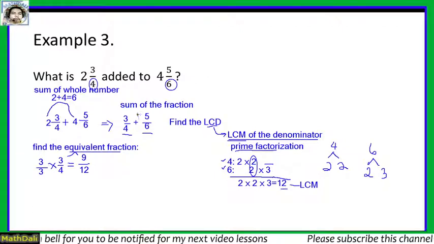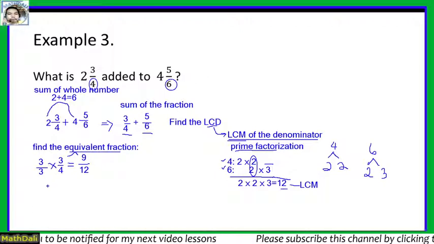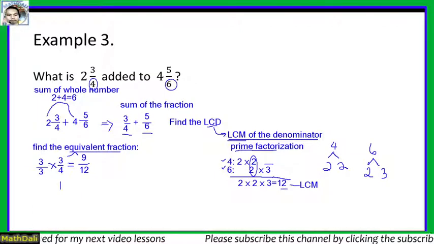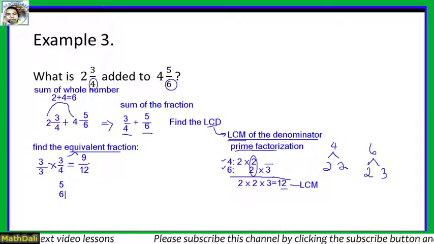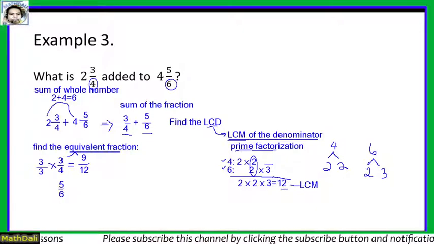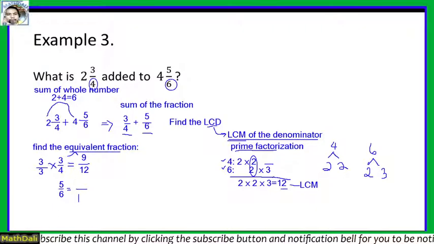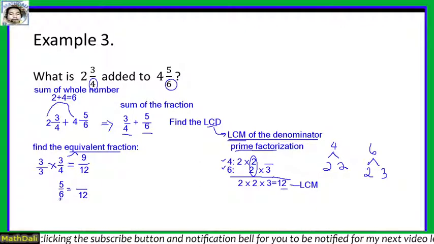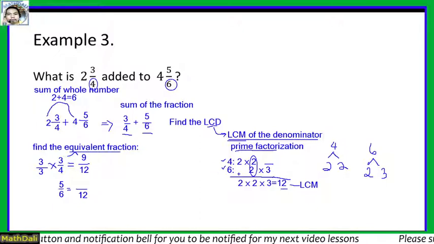Yan. Then we also have the equivalent fraction of 5/6. Lagay natin dito. So we have 5/6. Hanapin natin yung equivalent nito. Yan. So dapat ang denominator natin dito ay yung ating LCD, 12. Ano yung multiply natin sa 6 para makuha yung 12? Or dito, kung mapapansin ninyo, ang factor dito sa LCM, yan, na 12, ito yon 2 times 2 times 3, na wala dito sa factor ng 6, ay yung isang 2.